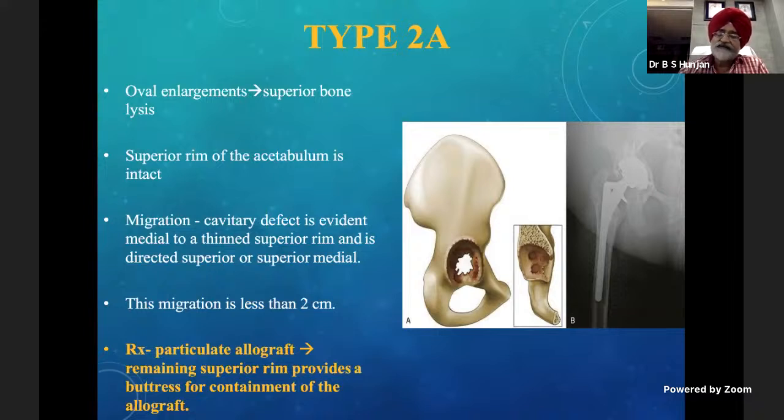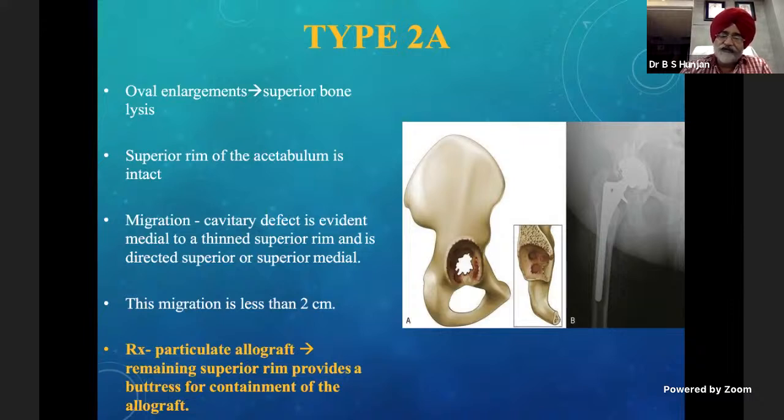And this migration is less than 2 centimeter. If it is more than 2 centimeter, then this goes into type 3. Now, some people say that it can be 3 centimeter, but most commonly we take it as 2 centimeter.